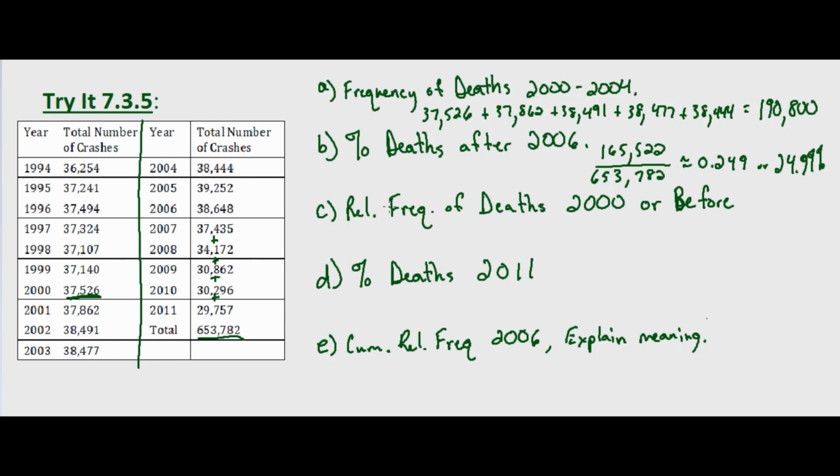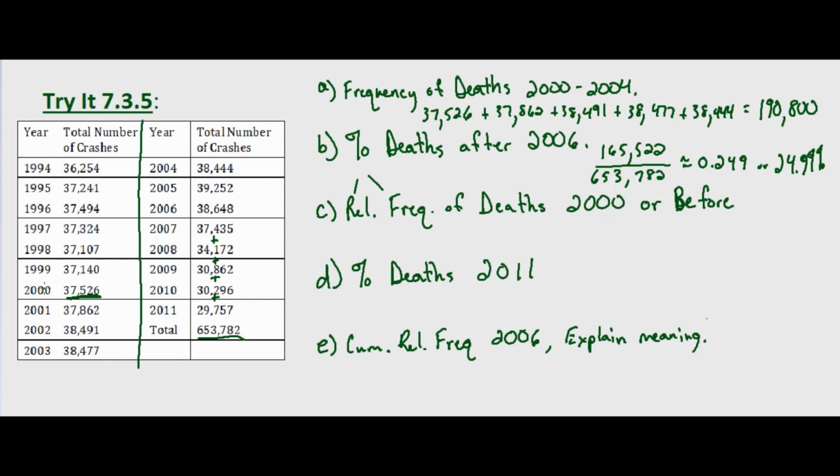Part C, we're asked for the relative frequency of deaths 2000 or before. Well, relative frequency is the same thing as percent. The only difference is that we can give relative frequency as a decimal. So we want everything before 2000, and other than that, it will be the same problem as Part B. We're going to find all of these years, 1999 back to 1994, and we include 2000 because it says 2000 or before.